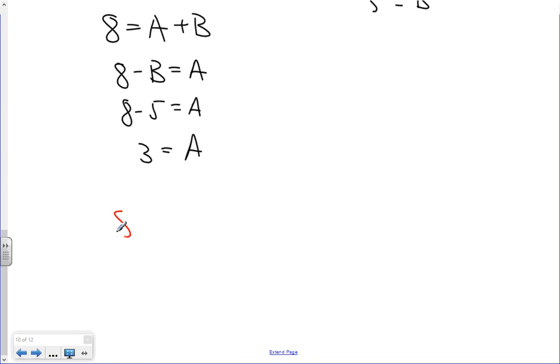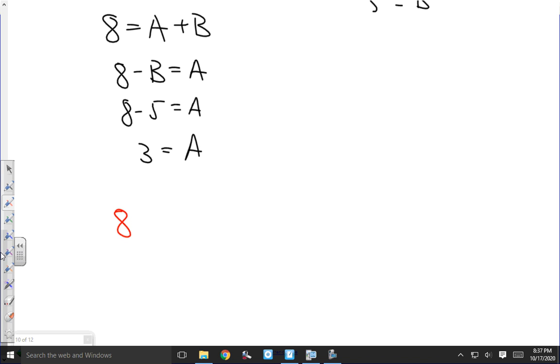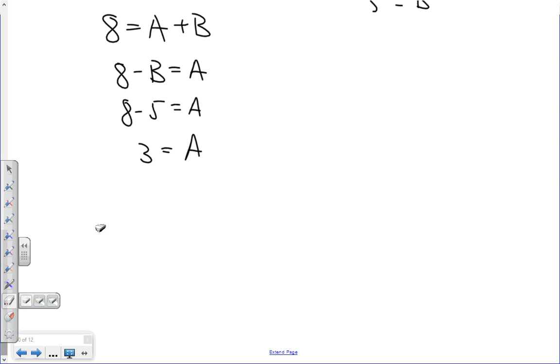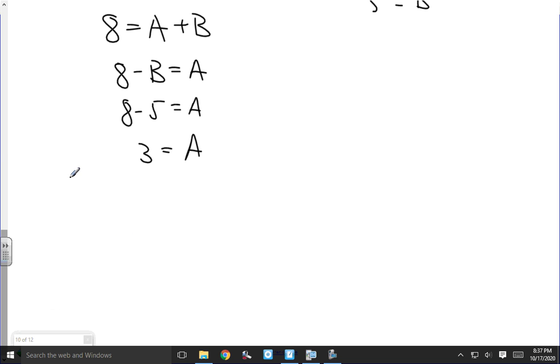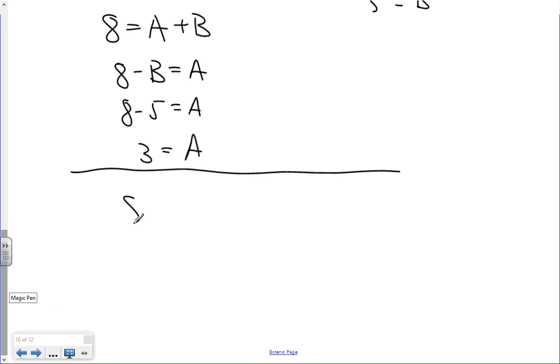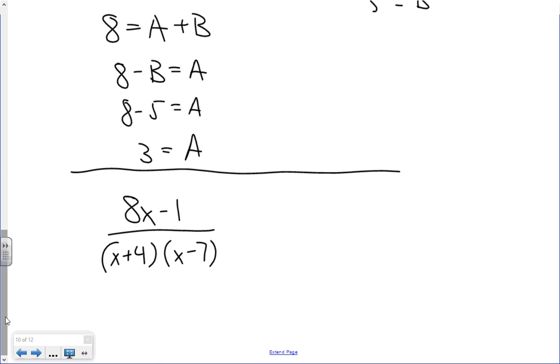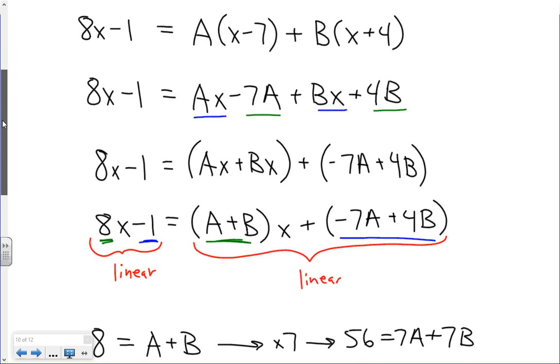So I've got the 8x minus 1, and we're dividing that by x plus 4 times x minus 7 was the equation they gave us. Let me make sure I wrote that down correctly.